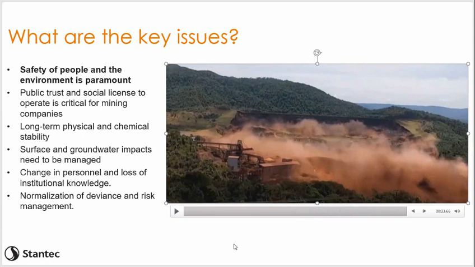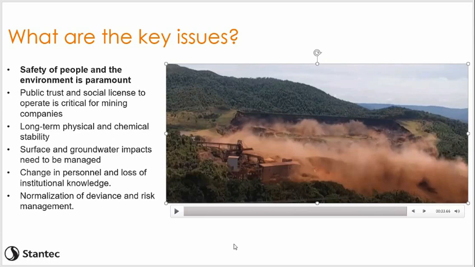And so it's really of the utmost importance that we try to make these facilities safer and do everything we can to improve our understanding, improve our management of these facilities. And for me, it's quite meaningful to be a part of that industry that's moving in a direction of improving the safety, improving the environmental sustainability of these facilities in the mining industry as a whole.